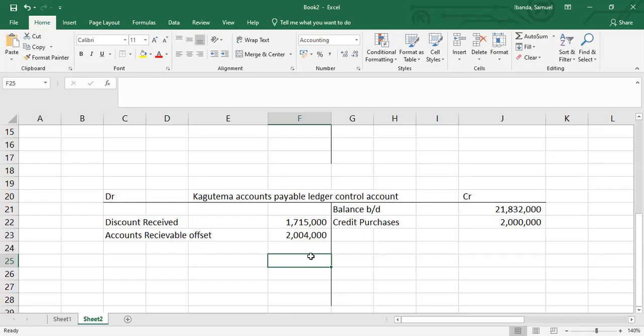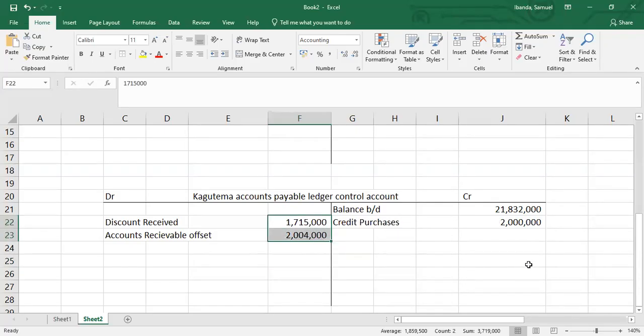So once we have done that, ours is now to look at the two sides. We'll definitely look at the two sides because we've already done the adjustments.